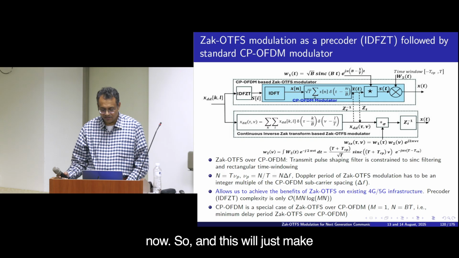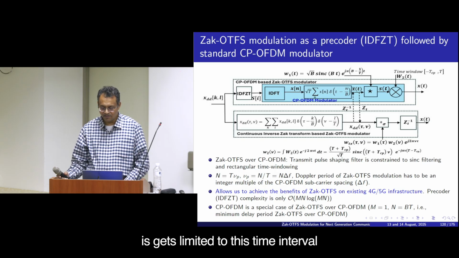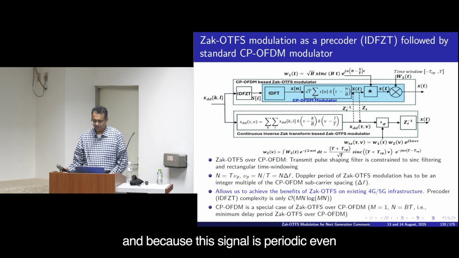This will just make it into a continuous time signal followed by filtering with the sinc, and windowing. When you window it, it gets limited to this time interval, and because this signal is periodic, even when you filter it, it will still be periodic.